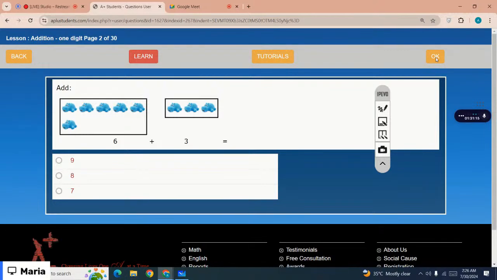When you count them together, they make 9. The correct option is 9. Option number 1 is the correct option.